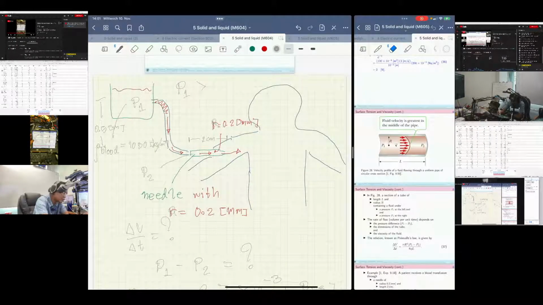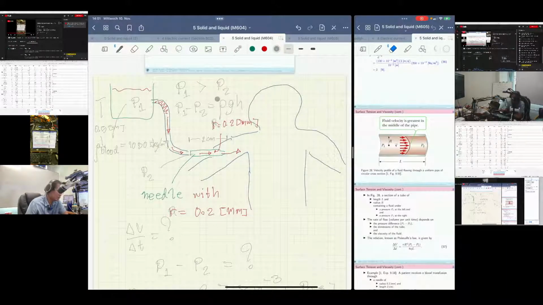P1 is greater than P2, of course, otherwise there would be no flow of blood at all. If P1 is less than P2, the blood would move in the opposite direction. P1 is greater than P2 by this amount, rho g h, where rho is the density of the blood, g is the gravitational acceleration on Earth, and h is the height.